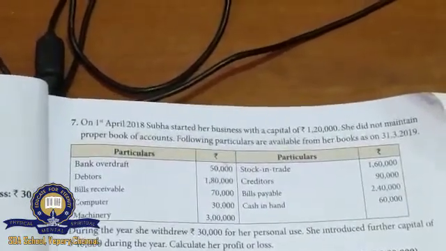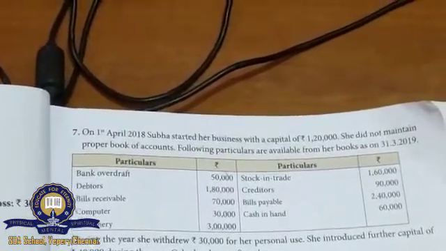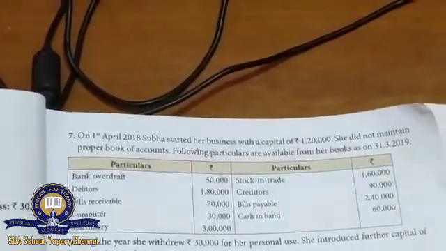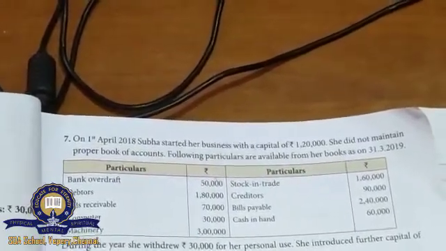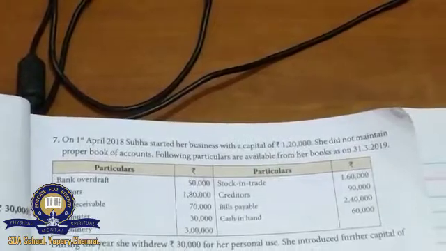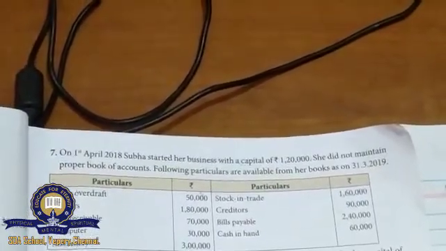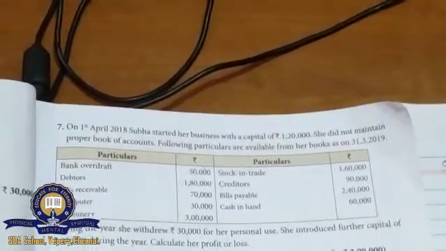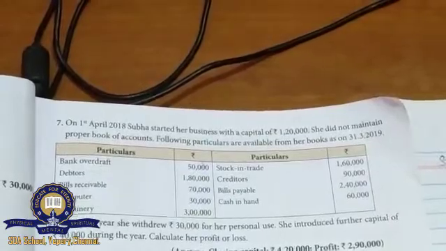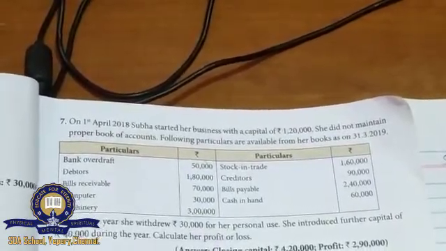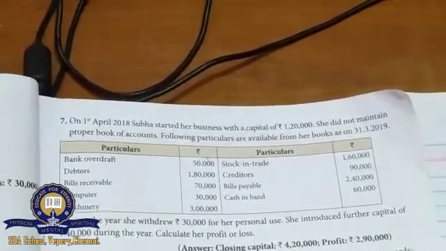So bank overdraft 50,000, debtor is 1,80,000, bills receivable is 70,000, computer 30,000, machinery 3 lakh, stock in trade is 1,60,000, creditor is 90,000, bills payable is 2,40,000, cash in hand is 60,000. So during the year she withdrew 30,000 for her personal use. She introduced a further capital of rupees 40,000 during the year. So calculate her profit or loss.